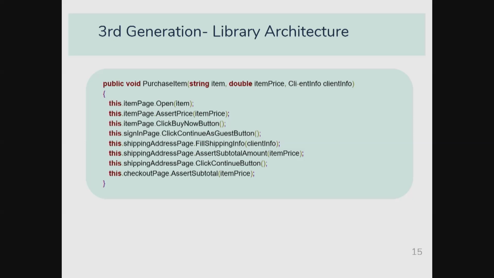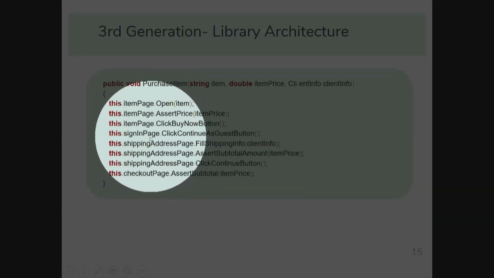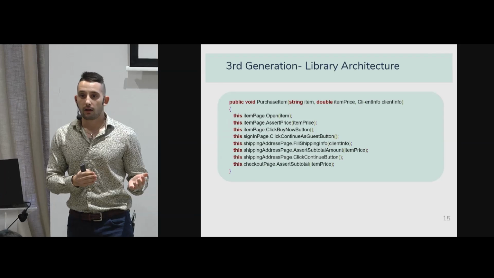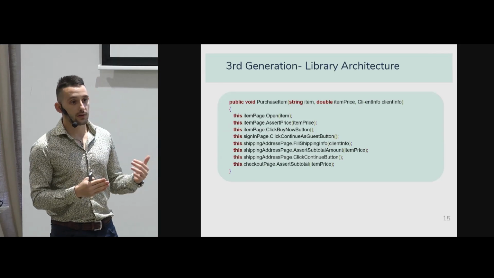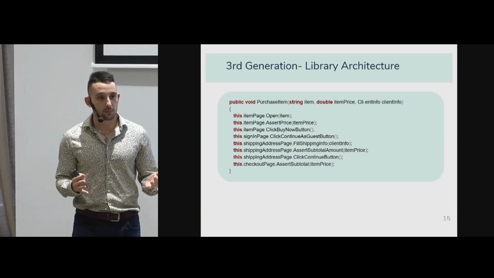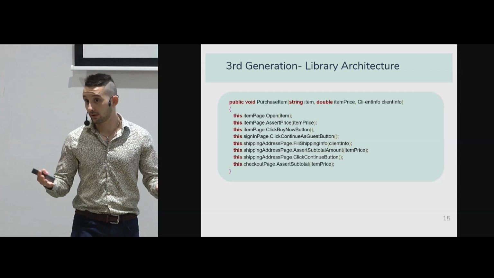In this method, we describe in abstract our workflow, how we create a purchase. And here, the page objects that we use are actually used as interfaces, meaning that for each shopping cart we have different implementations. And at the beginning, the only difference between the implementations was the locators, of course.